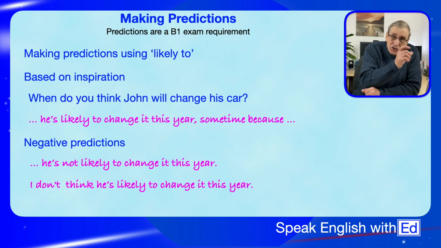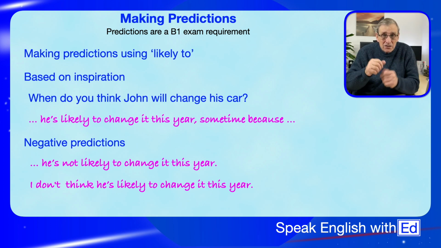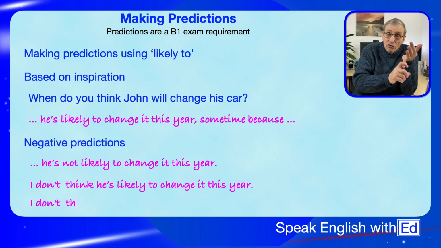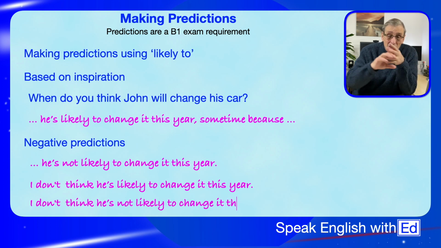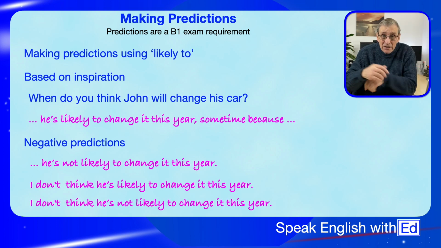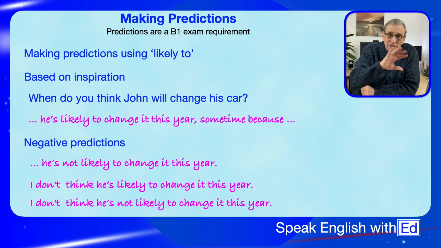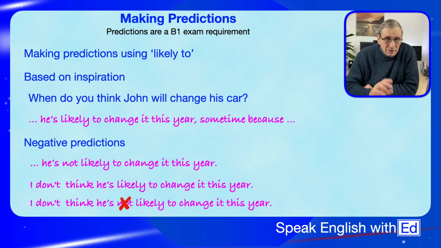So I don't think, or he's not likely. Whichever way, you can say the same, but don't get the two together. Don't say, I don't think he's not likely, because that's a double negative, and we don't do double negatives like that. You put just one negative in there. So you either say, I don't think he's likely, or he's not likely. Make sure you just use the one there.